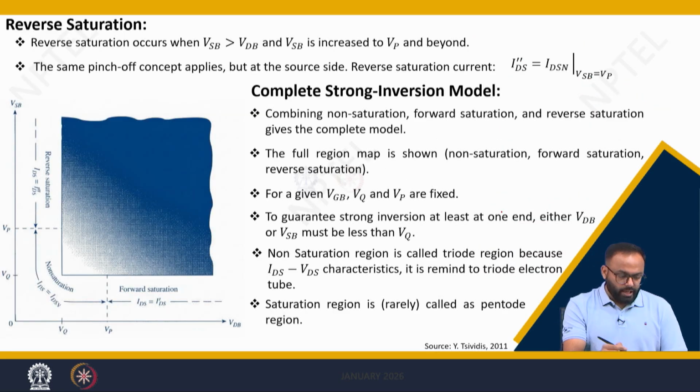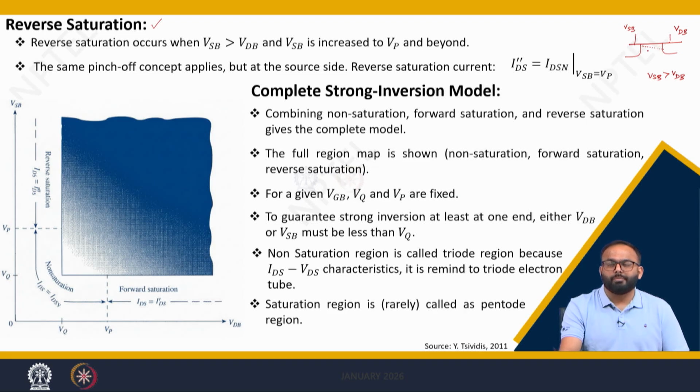Here there is also a provision of reverse saturation, what we have discussed in the previous lecture, that if the voltage at the source side will increase instead of drain side, then the region of operation gets inverted. It means if you increase VSB over VDB, then the inversion charge near the source will be lower and near the drain it will be higher.